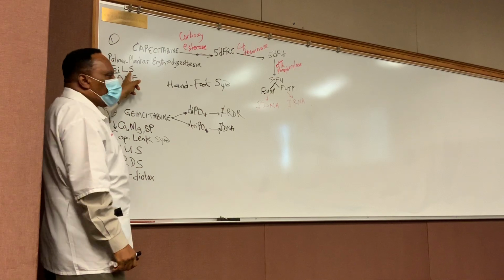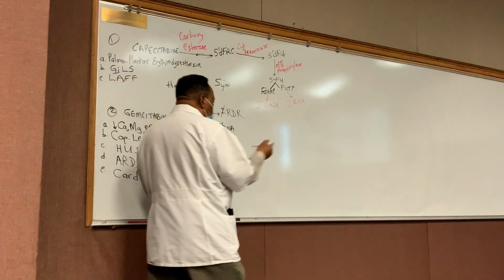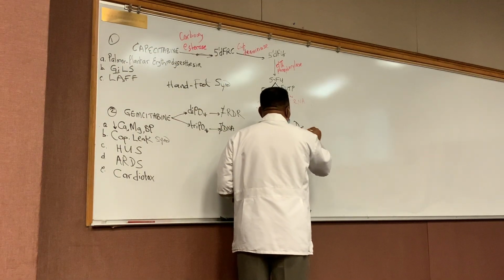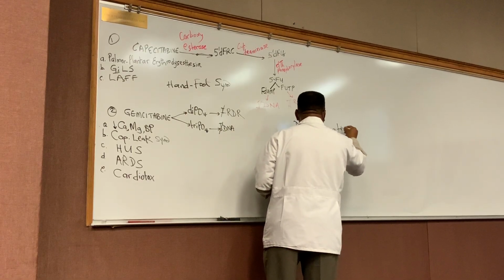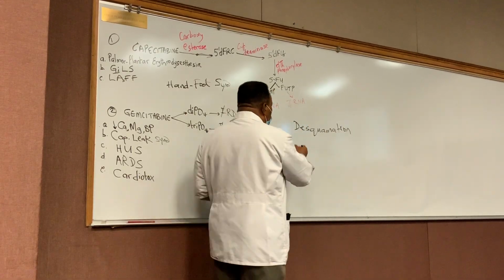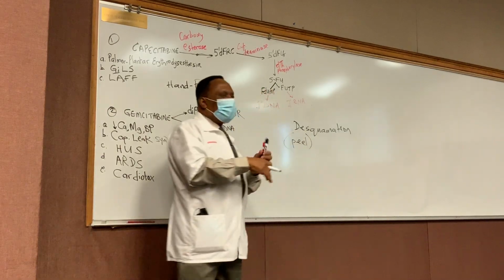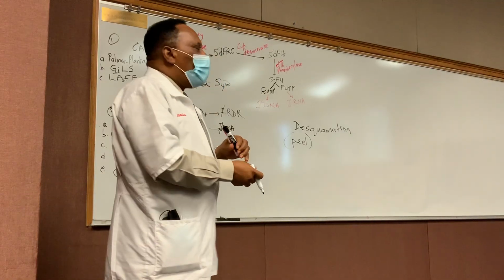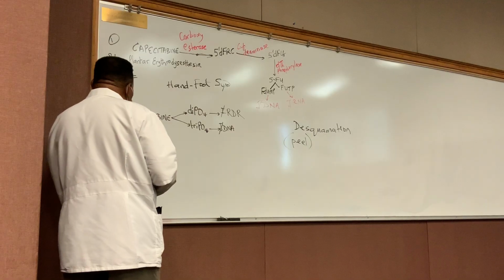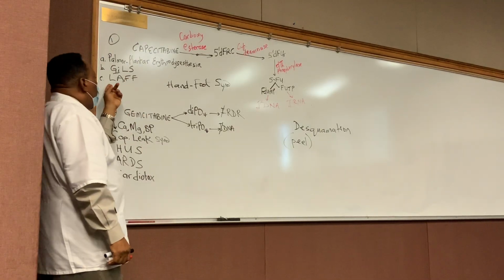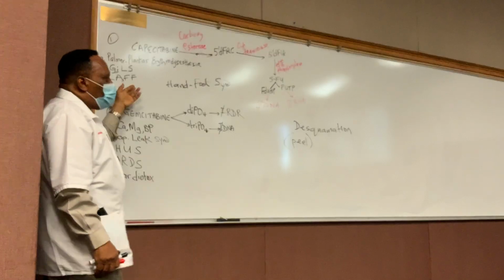And then the skin, it can cause what is called desquamation. So you can see the skin will just be peeling off. It will be scaly, and of course that's very unpleasant.